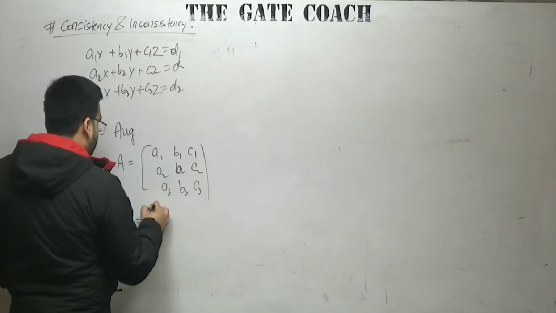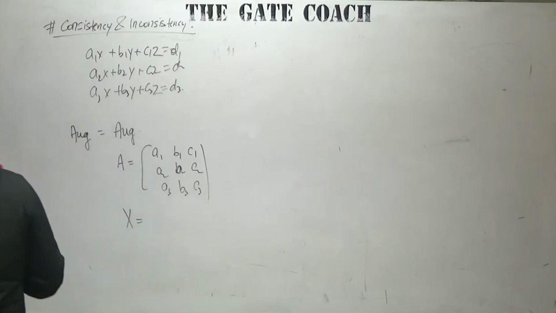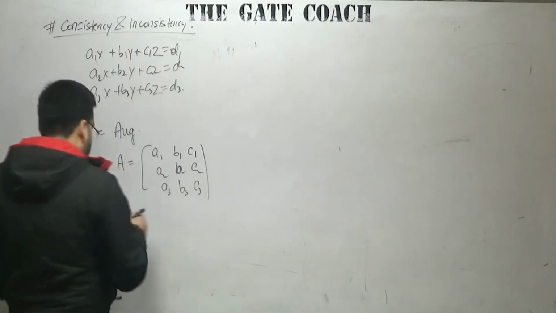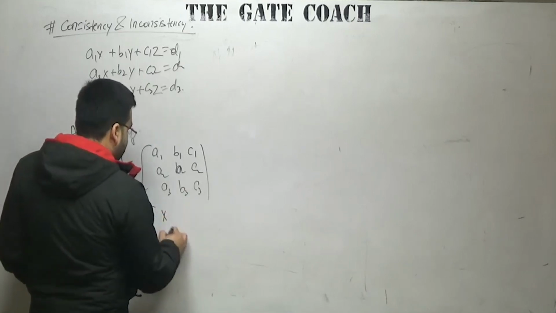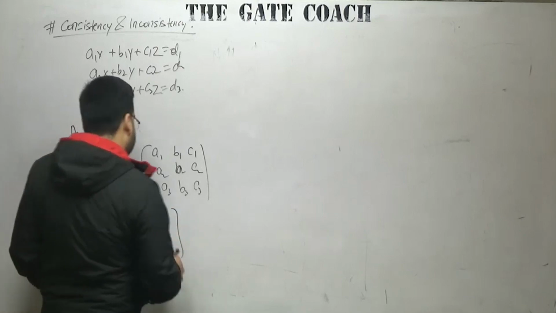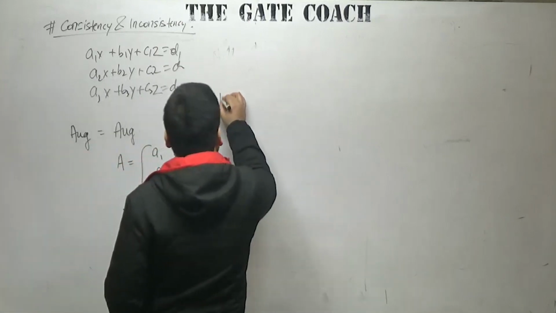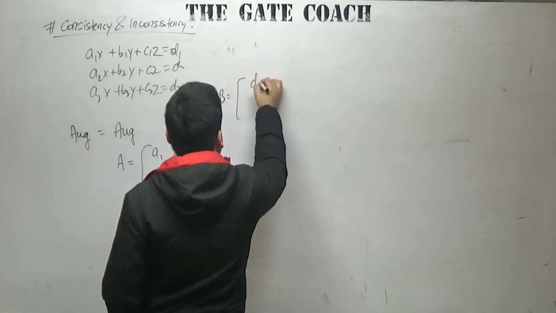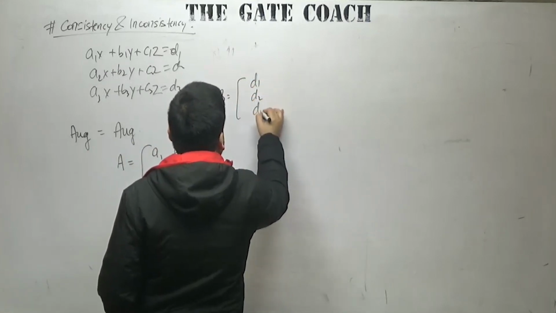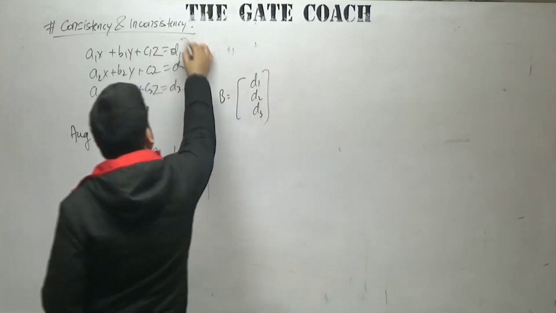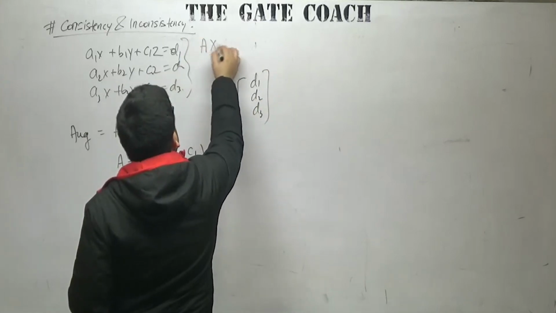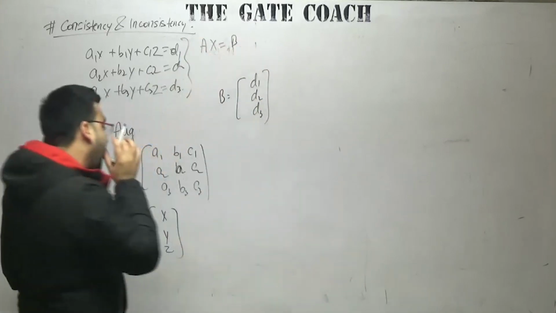X will be equal to the column matrix x, y, z. And B is equal to the column matrix d1, d2, d3. So this whole thing can be represented as AX equals B.